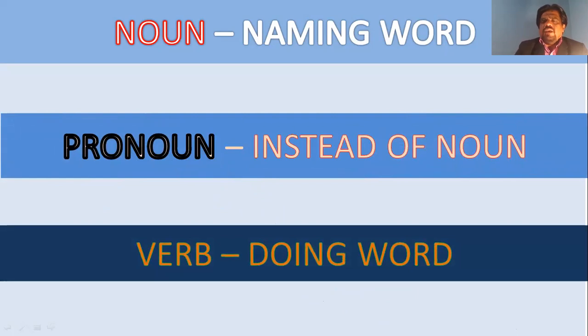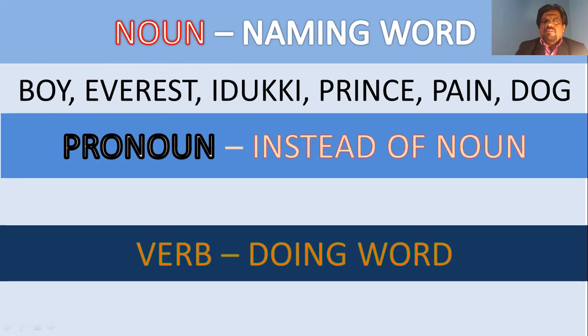Let us see the examples of each of these types. For example of noun: boy, Everest, Ducky, Prince, that is my name, okay, pen, dog. All these things are names of various types of things. We can have varieties of things that could be put in this group.